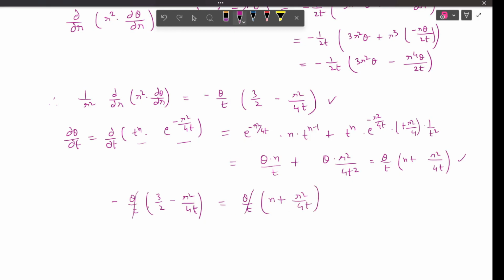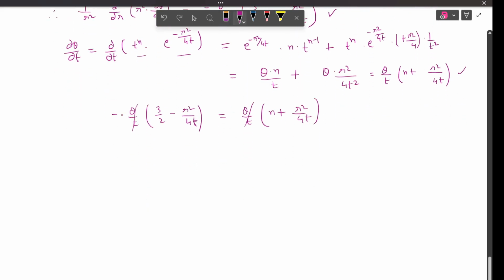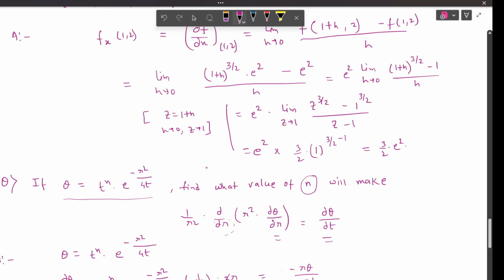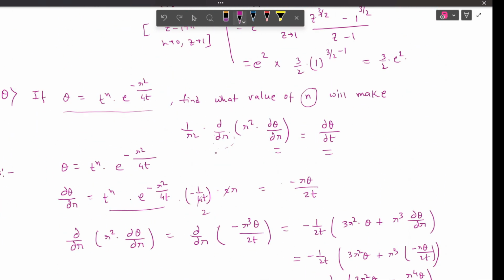This theta by t will cancel out. This will be minus 3 by 2 plus r square by 4θ, and this will be n plus r square by 4θ. This will cancel out, and n is minus 3 by 2. So n is minus 3 by 2. So if n is minus 3 by 2, then the left hand side would be equal to the right hand side.